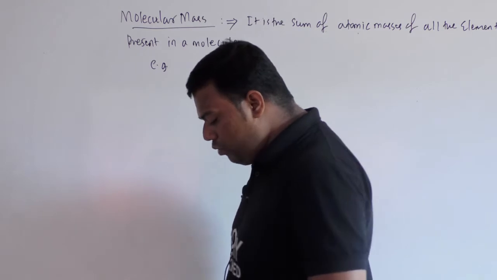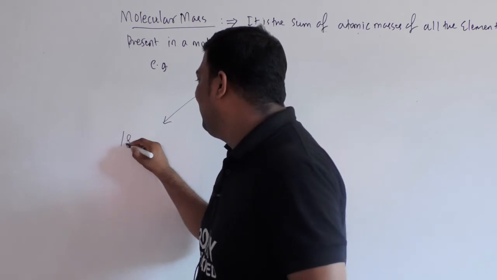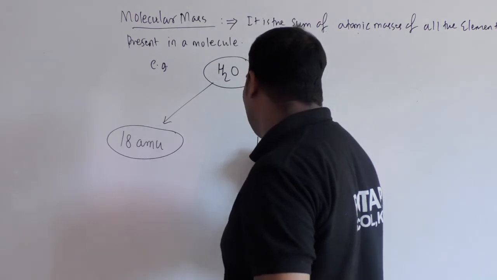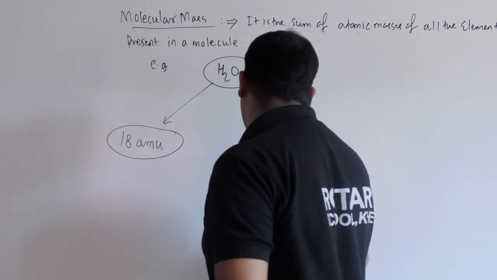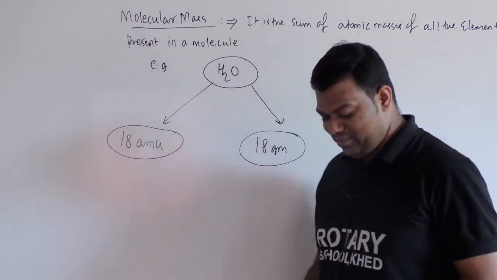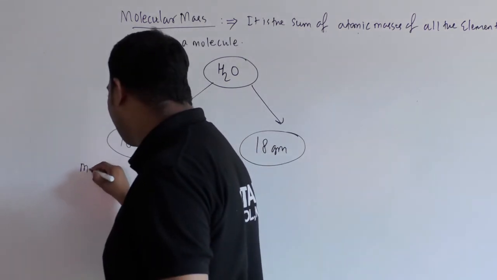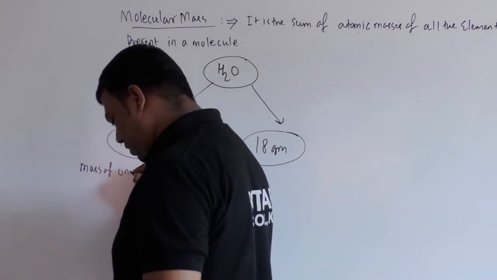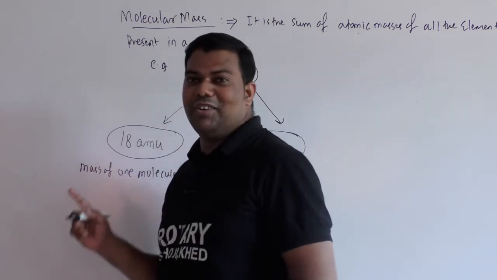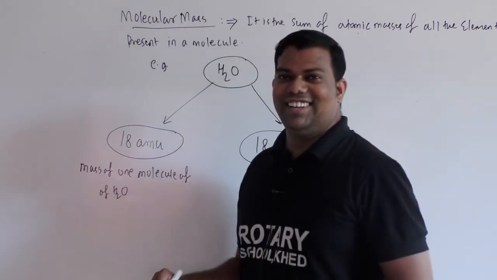ठीक है. Now when we write it like this, 18 AMU, ठीक है, आणि जेव्हा आपण लिहितो 18 ग्रॅम. Now what will be the difference between 18 AMU and 18 gram? So see carefully, 18 AMU is the mass of one molecule of H2O. ठीक है.